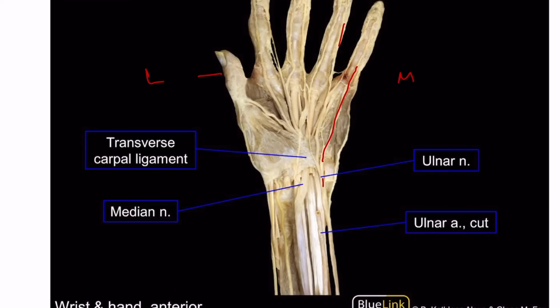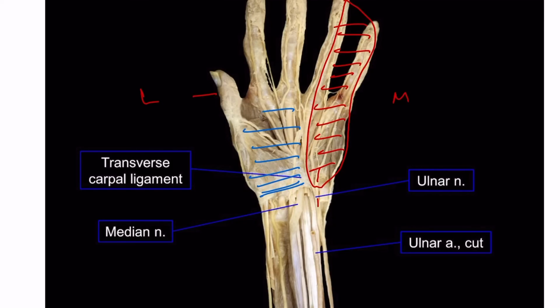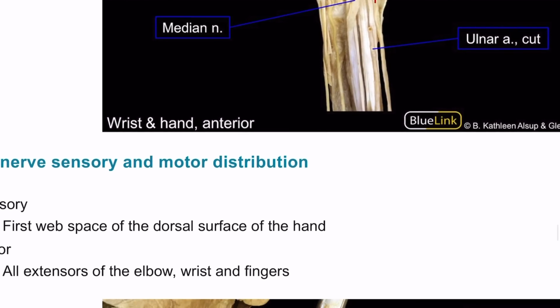So basically all this area will be the sensation of the ulnar nerve, and it will supply all the interossei, the medial two lumbricals, the hypothenar eminence, and then on the other side, the median nerve will give all this area in terms of sensation, and in terms of the muscles, and also the lateral two lumbrical muscles as well.